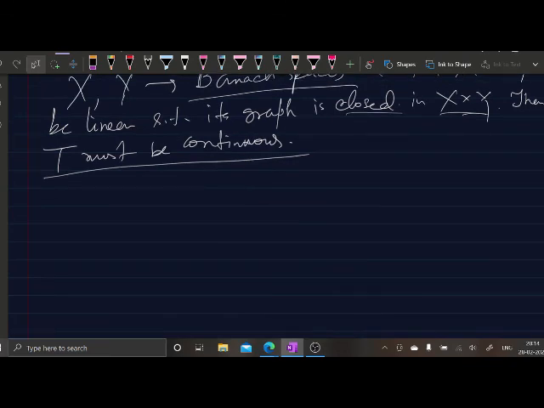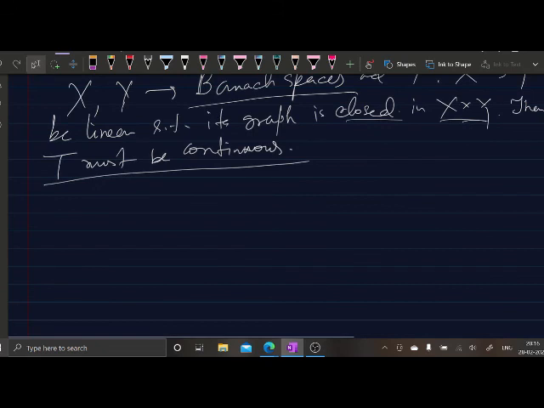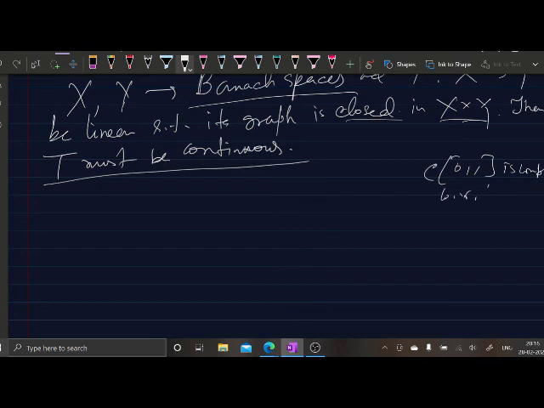Okay. So that means in the example that has been provided above, you must have some non-complete spaces, right? But you have already shown that C[0,1] is complete with respect to the sup norm.